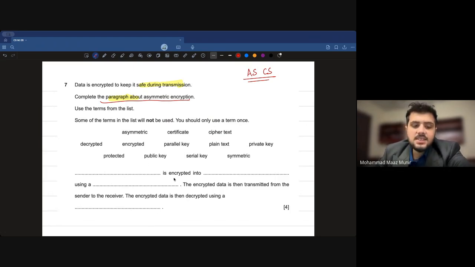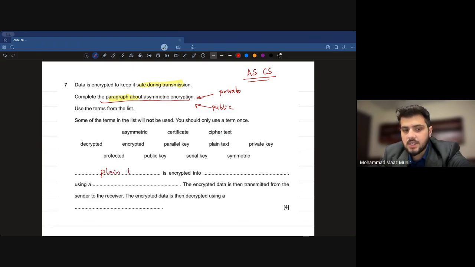It says that dash is encrypted into dash using a dash, and the encrypted data is then transmitted from the sender to the receiver, and then the encrypted data is decrypted using a dash. Because they gave us the hint that it's using asymmetric encryption, this means we would have both a private as well as a public key. The text we have in the first place has to be the plain text.